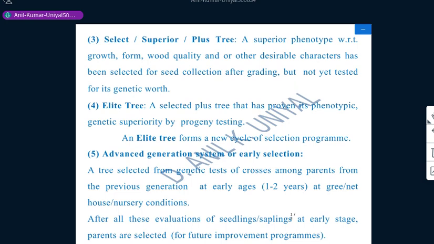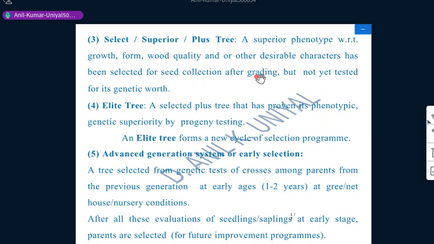Now we have a third step, that is, select superior or plus tree. Among those 150 trees, a superior phenotype with respect to growth, form, wood quality and other desirable characters is selected for seed collection purposes after grading. So these plus trees are selected among those 150 trees after grading. The top 10 of 150, or top 50, as per your need.